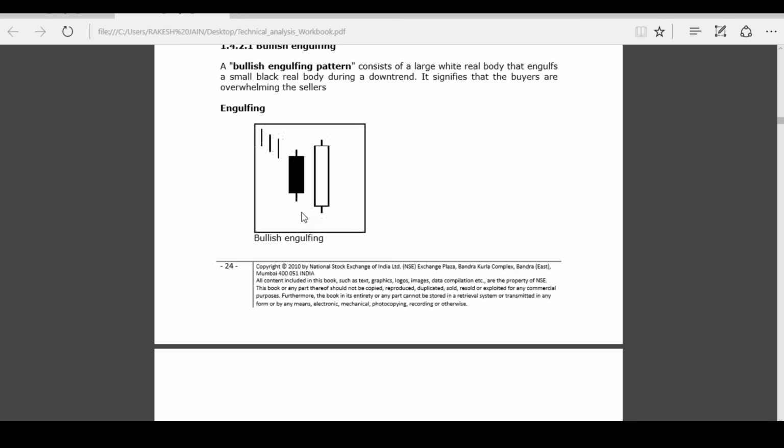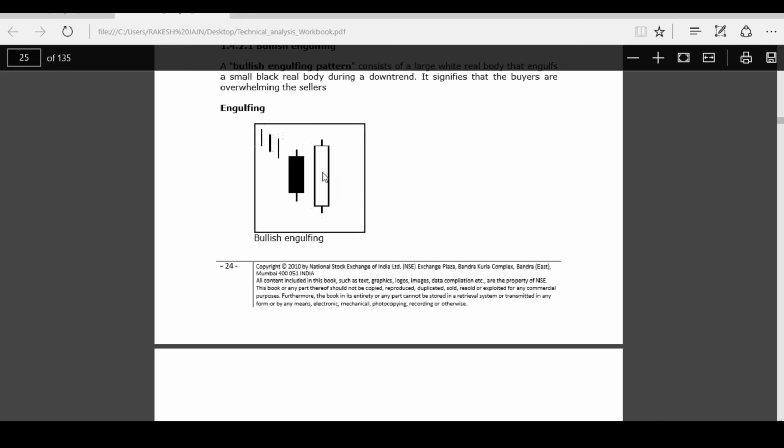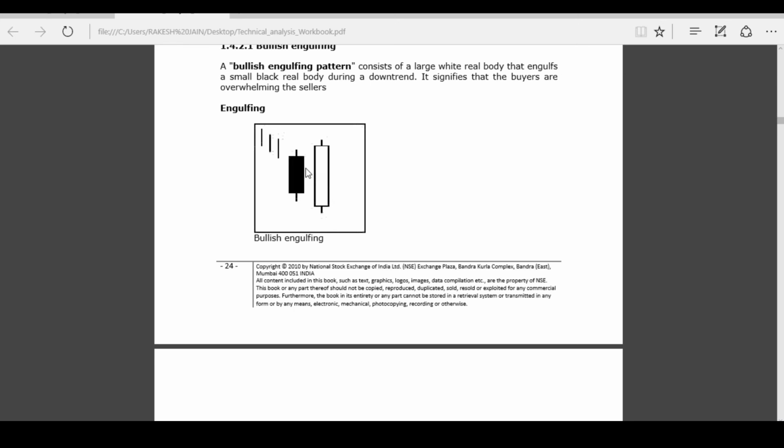Now what happens the next day? Wherever the stock had closed the previous day, the stock opens lower than that. So if say this price was 315, the stock opened at 305, made a low of say 300, and it could not sustain 305, nor could it sustain 300, and it ultimately closed say at 350.